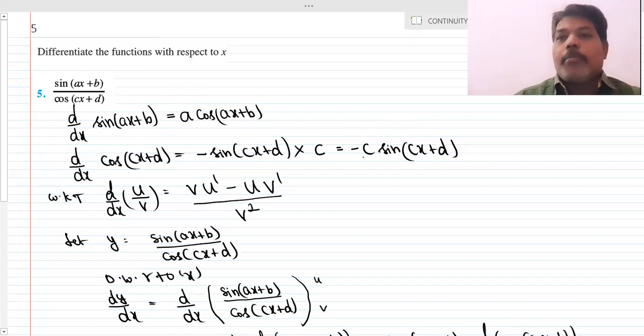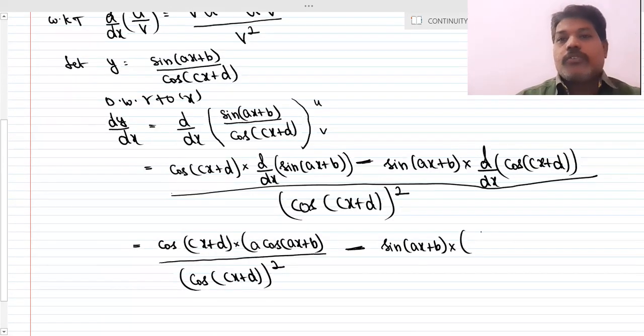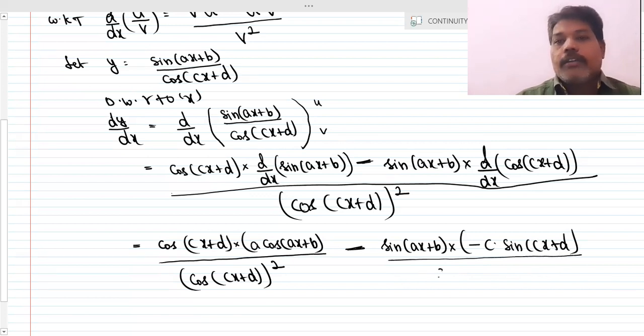The derivative of cos of cx plus d is minus c into sine of cx plus d. So here minus c into sine of cx plus d, whole by cos of cx plus d whole square.